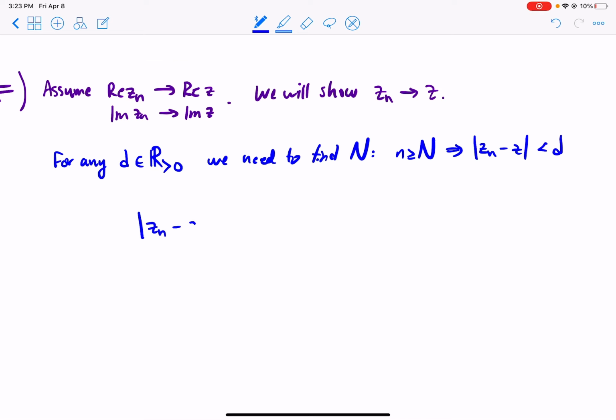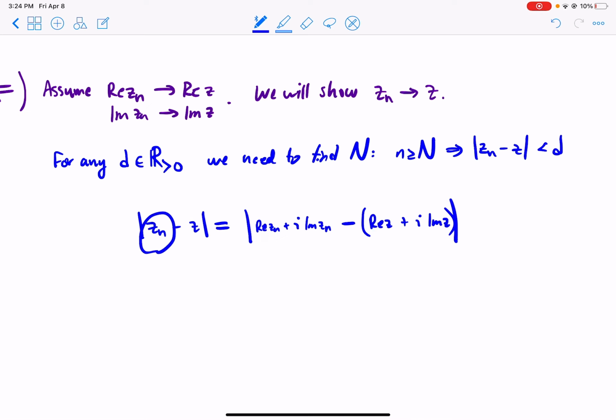Now, calculating Zn minus z is simply equal to, well, z is the real part of z plus I times the imaginary part of z. Zn is the real part of Zn plus I times the imaginary part of Zn. And then there's a subtraction sign. Okay. So I zoomed into z and saw it has a real and imaginary part.